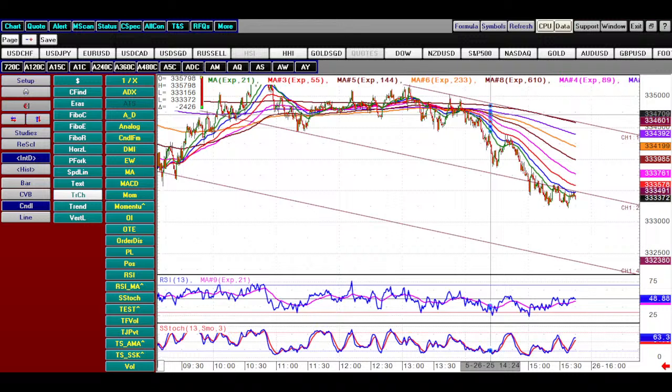That means Australia, New Zealand, Singapore, Japan, Hong Kong, then South Korea, Taiwan, Indonesia, Thailand, Philippines, Malaysia. So we have so many markets playing, so I think we will get the volume and we should see some activity.